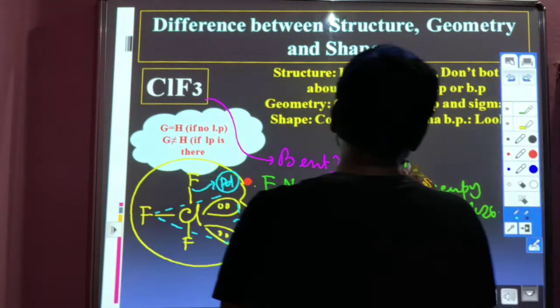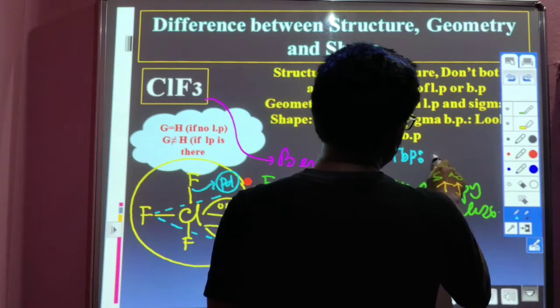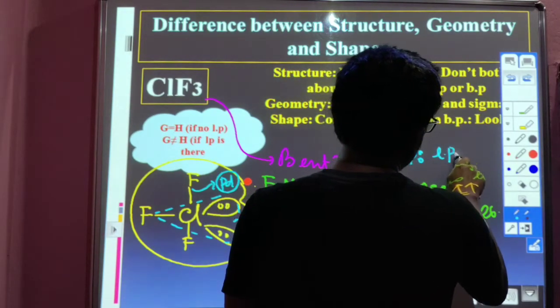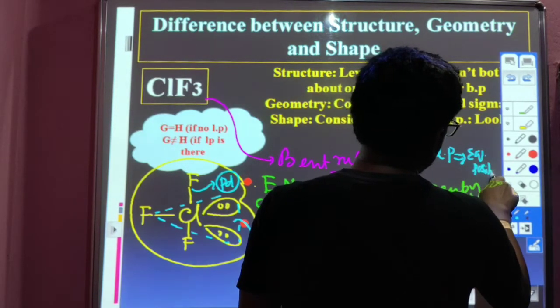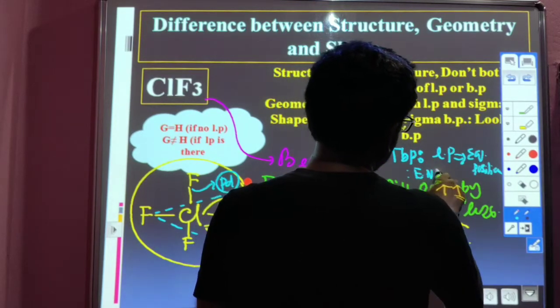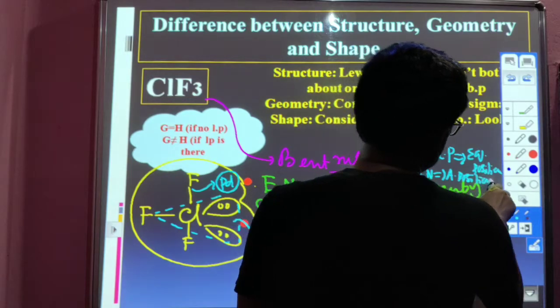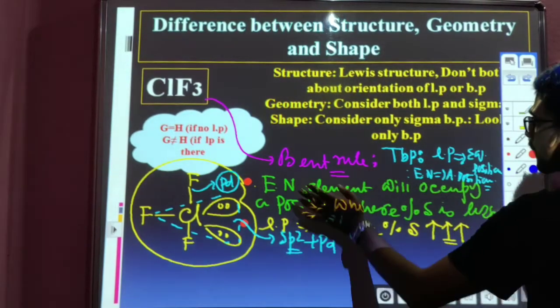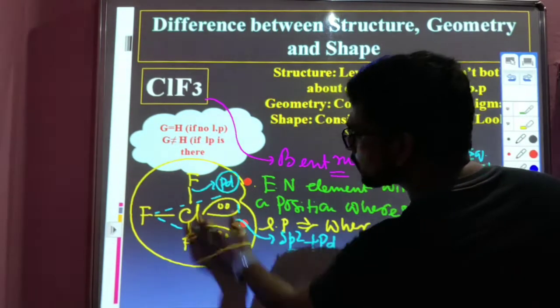In TBP geometry, you just put the lone pair in equatorial positions and the electronegative element in axial positions. That's all. For the time being, you just remember this one. Later we will discuss the Bent rule. Okay, now look at this structure.